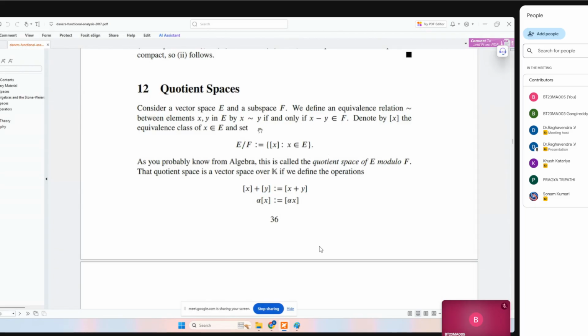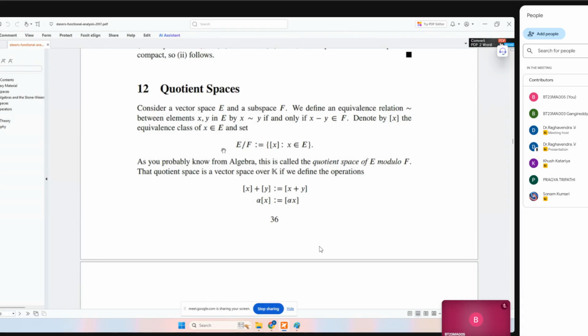Take all such cosets. That is called E by F. It is called the quotient space of E modulo F in algebra. Normally called the quotient space of E by F. If you don't want to say by F, you can say quotient space of E modulo F.